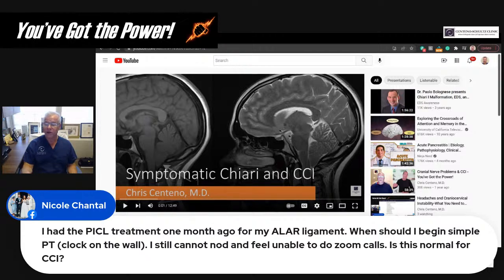So the answer to the question is no on the exercises at this point. And then number 2 is we wouldn't expect to see any improvement till months 3 or 4. So way too early for us to really look at whether or not that first PICL moved the needle or not.